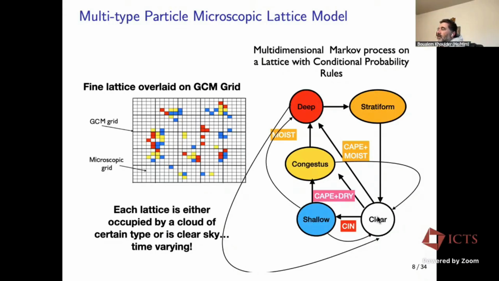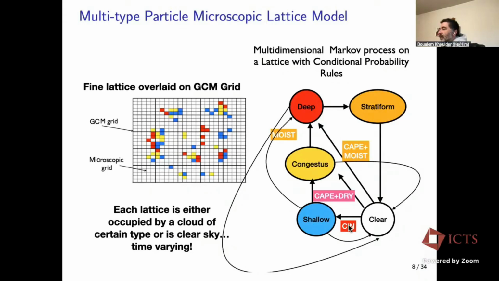Then you can go from clear sky to shallow, or to congestus, or to deep, and then you can go from deep to stratiform. You can also go from shallow to congestus, congestus to deep, and so on. And this depends on the probability. These are random transitions, of course, but with probabilities that depend on whatever kind of background you have. If you have strong CIN, then transitions to shallow convection are favored.